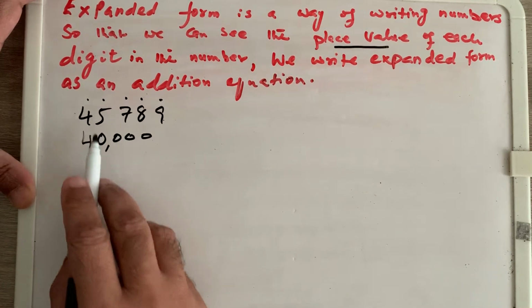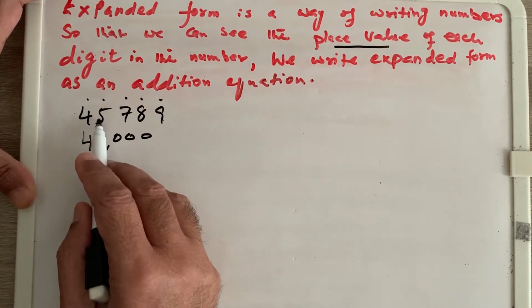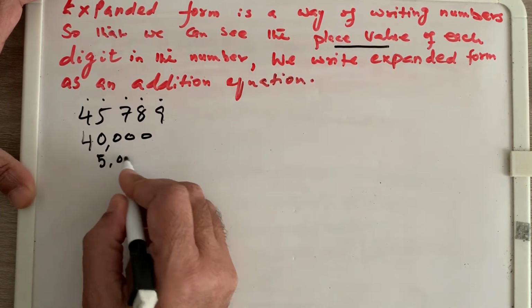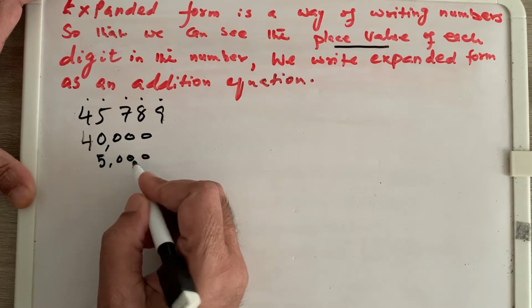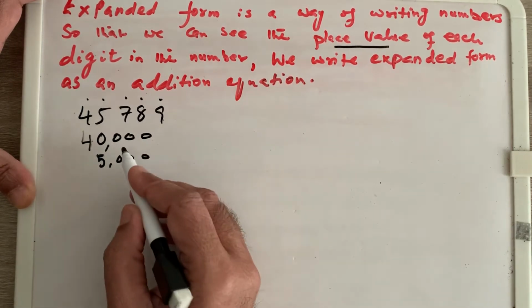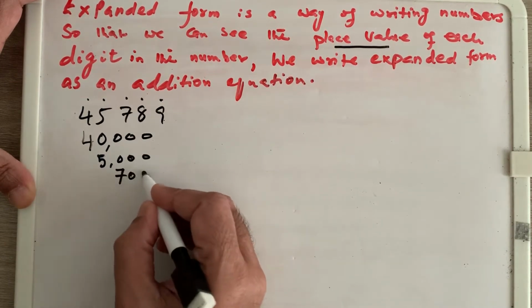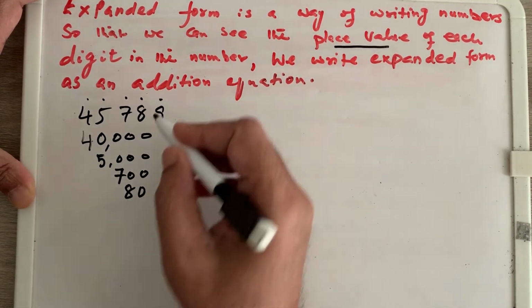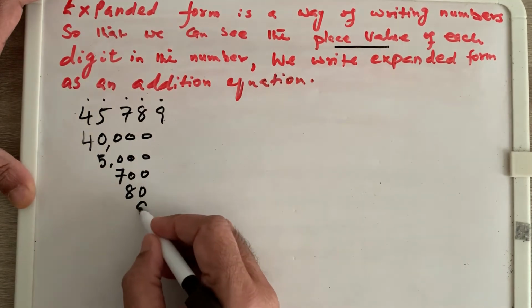And 5 is at the 1,000 place, so the place value of 5 here is 5,000. Place value of 7 is 700, place value of 8 is 80, and place value of 9 is 9.